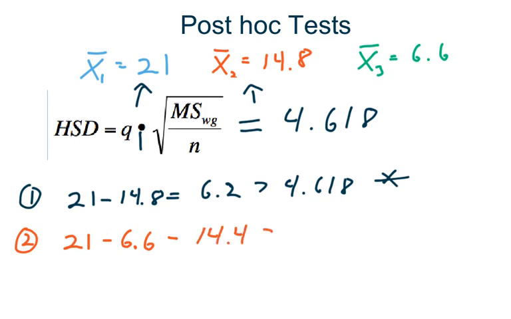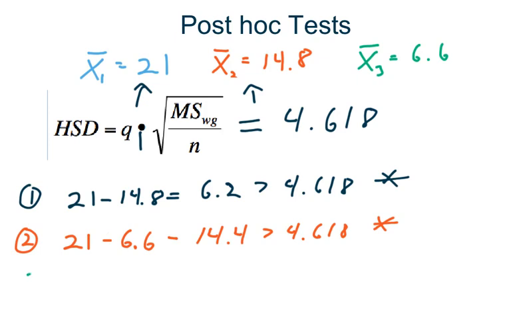Obviously that is larger than 4.618, so that is also significant at the 0.05 level. Just like required versus extra credit, if you make homework optional, you're going to get significantly fewer people completing the homework than when it's required.